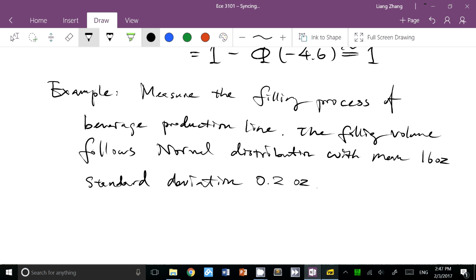Now, as a quality manager or quality supervisor, he wants 95% of the products to be good.